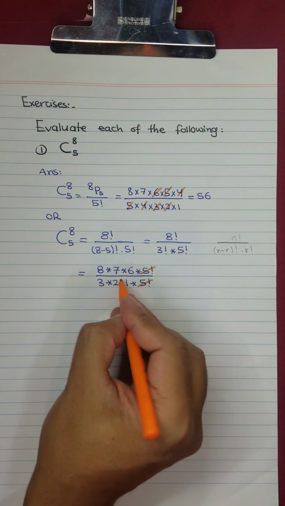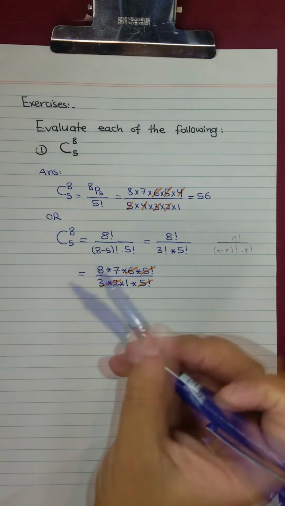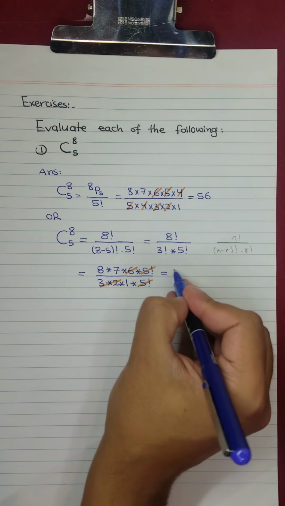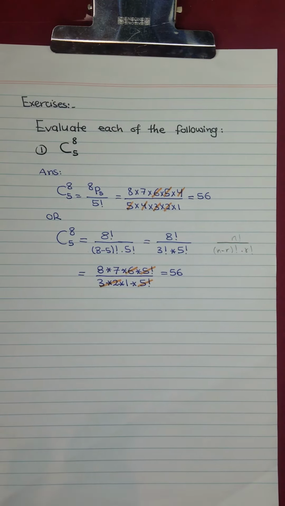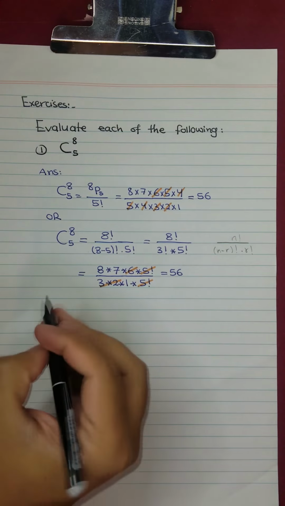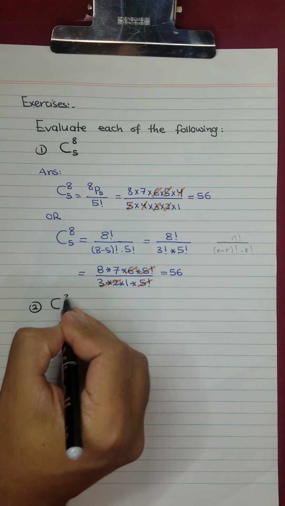And 3 times 2 is 6. Cancel it with 6. And the answer is still 8 times 7, which is 56. So both methods give you the same answer. You can use any of them, it's fine. Good? Let's check another one. So number 2. Let's check the combination of 8 and 3.